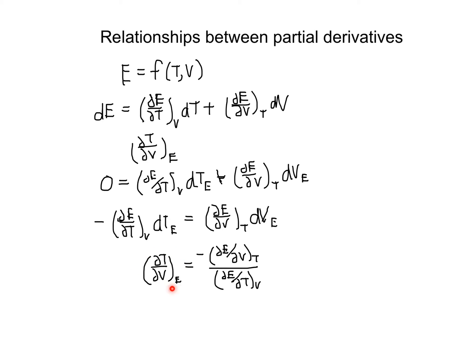So the derivative of temperature with respect to volume at constant energy is the opposite of dE/dV at constant T divided by dE/dT at constant V. And that is the relationship between the three variables E, T, and V.